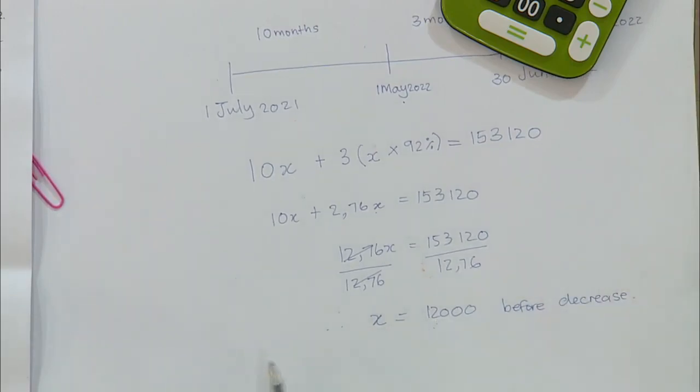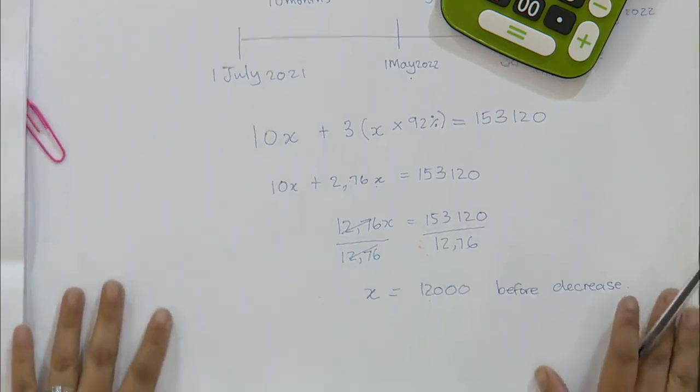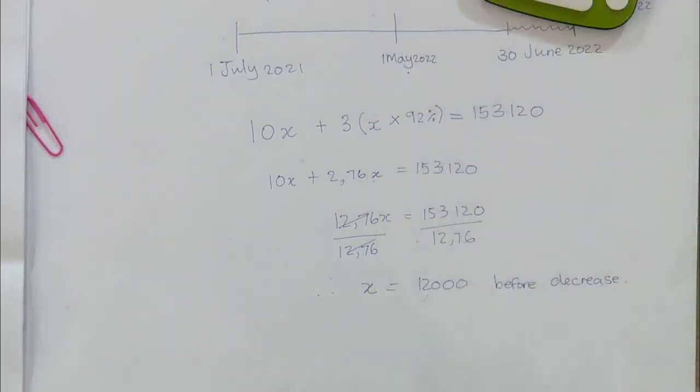So let's try to figure out the total. What would the rental be after the decrease? We are then going to say, right, 12,000 Rand times 92%. Remember, a decrease by 8%, eh?